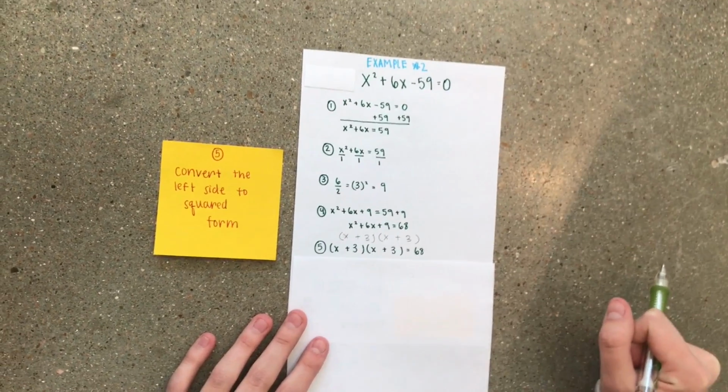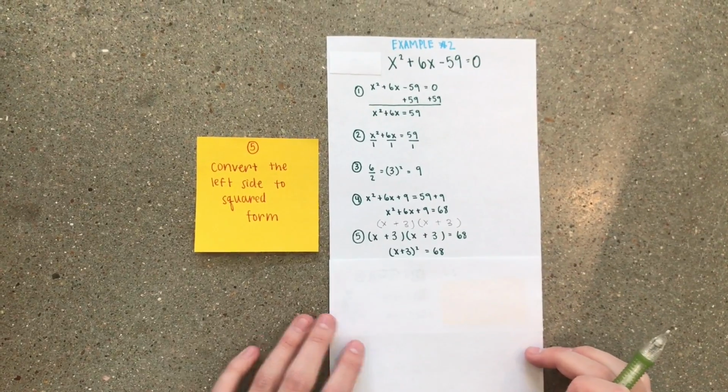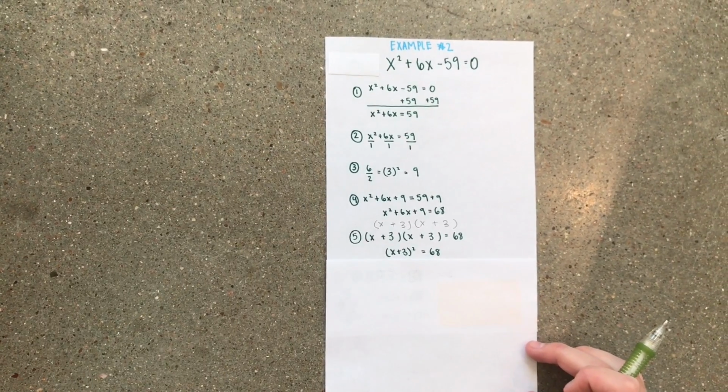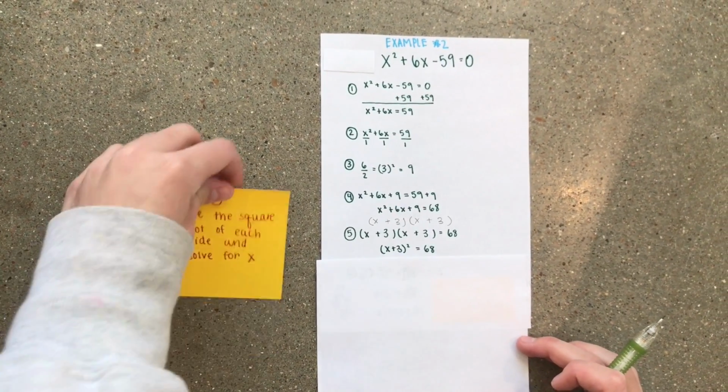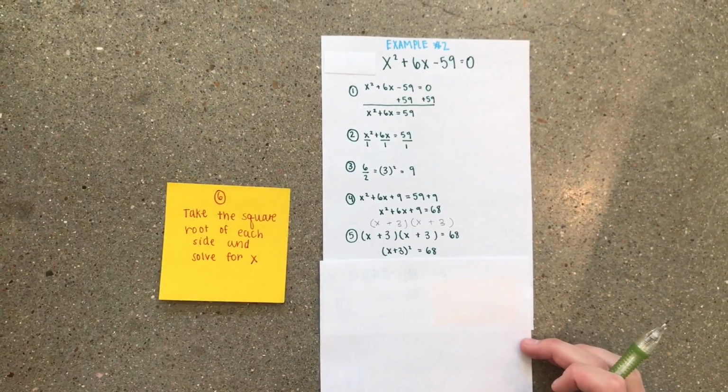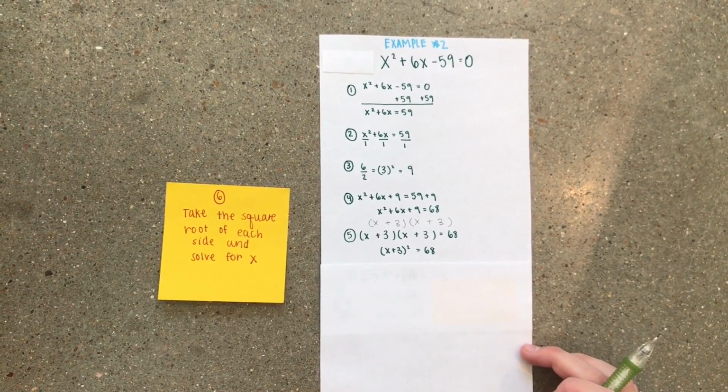So then we have x plus 3 squared equals 68. For the last step, we are taking the square root of each side and solving for x.